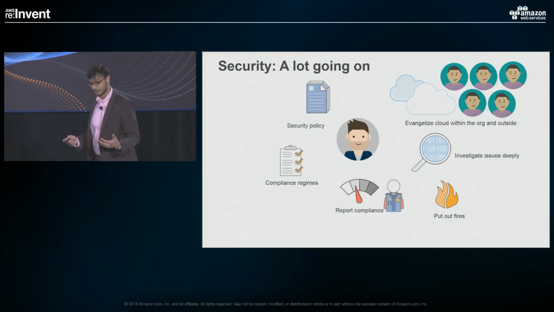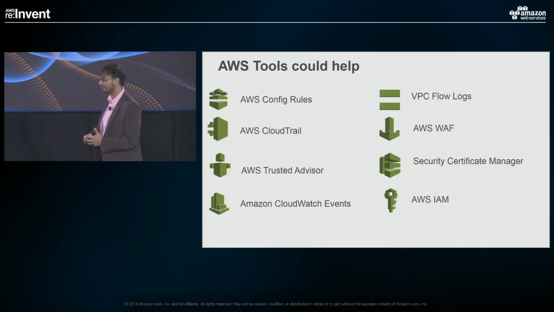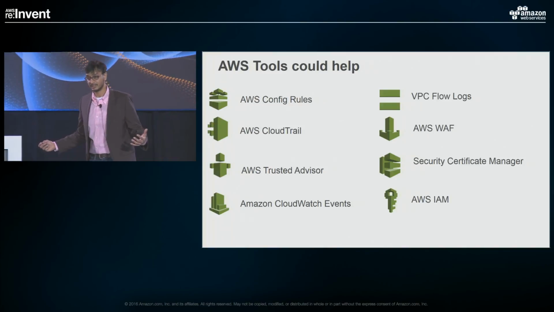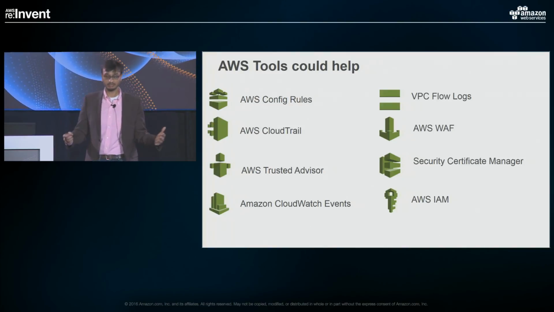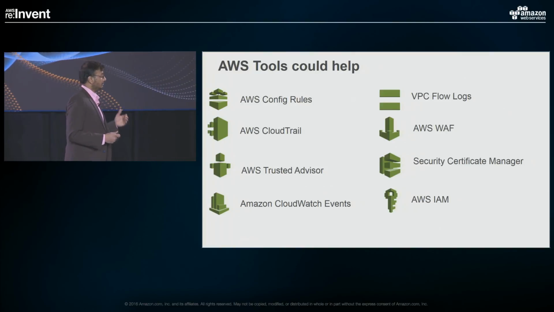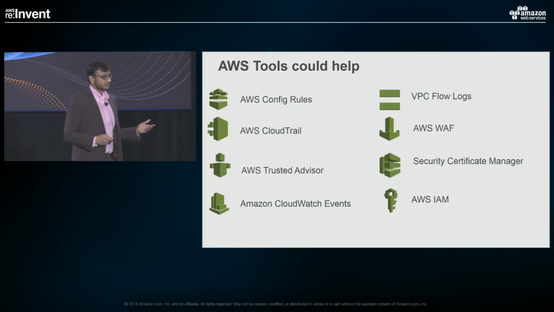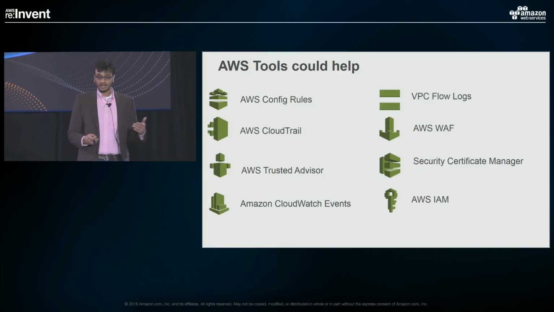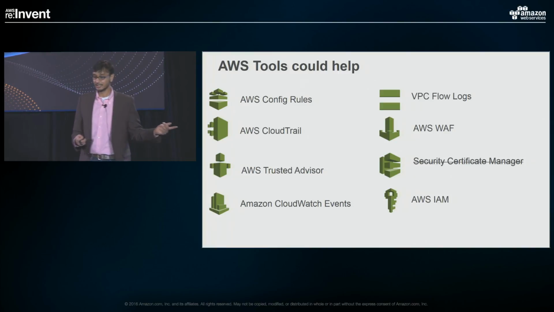Now, when you have this much going on, you have various sets of AWS tools that can help you. We launched so many of them that you can actually address all of these issues. But don't they all look very similar? In fact, I made one up, right?